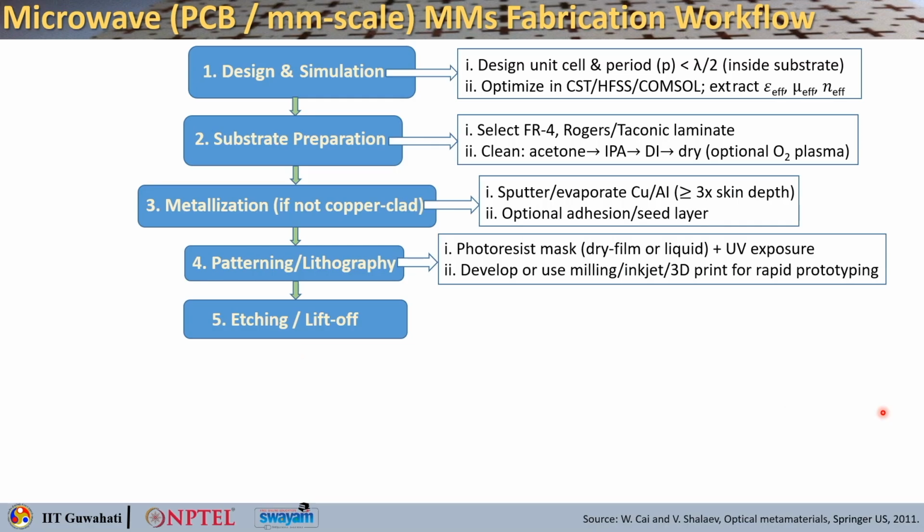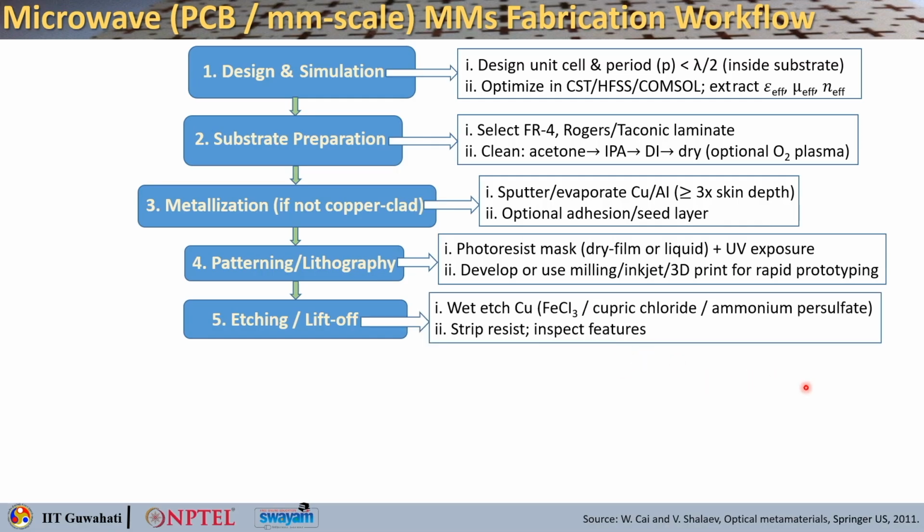You can do the pattern transfer using wet etch. You can do the wet etching of the copper using ferric chloride, copper chloride, or ammonium persulfate, or you can dry etch and then strip the resist and inspect for any undercut or overcut done on the substrate.